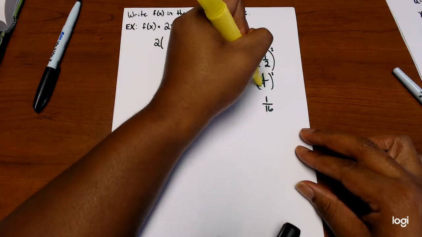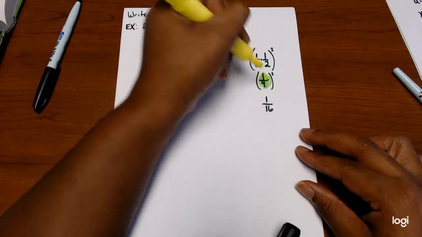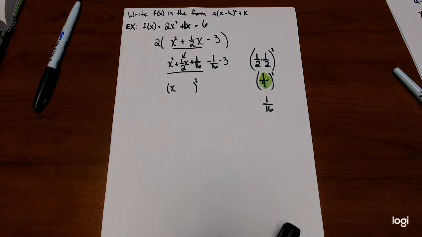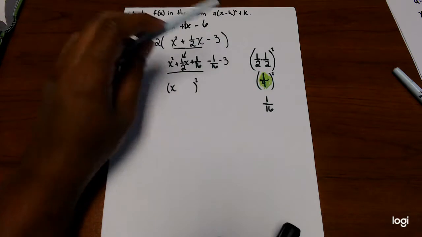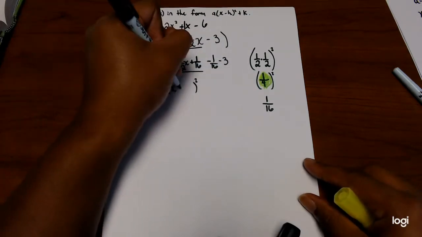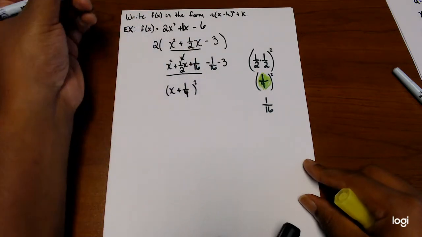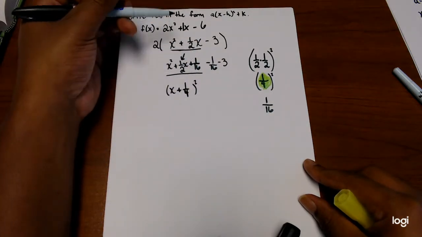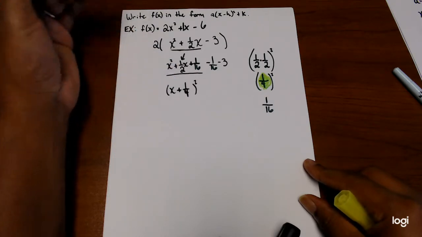We can just look. What did we get before we squared? Well, we had a 1/4 there. So that's the number that we're going to use. And in fact, you could check it. 1/4 times 1/4 is indeed 1/16, and 1/4 plus 1/4 is 2/4, which is 1/2.